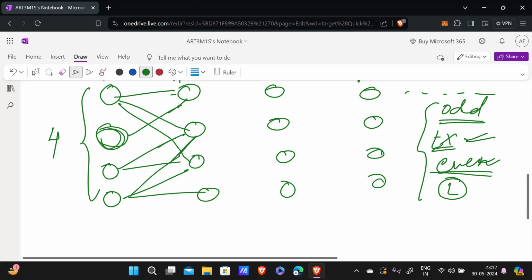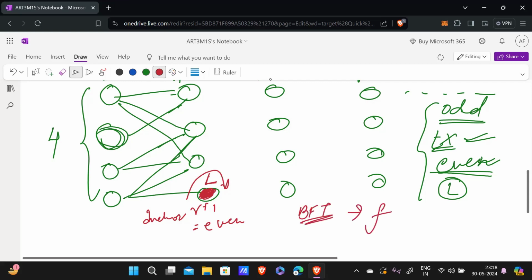So I'll just say this is my leader node. Let's say r plus 1 is even, and here I'm picking this as my leader node. This is known as an anchor node, where I'll be anchoring my transactions. So what happens in BFT is, suppose there are F Byzantine generals, you need to have F plus 1 support to execute something in a P2P or decentralized network.